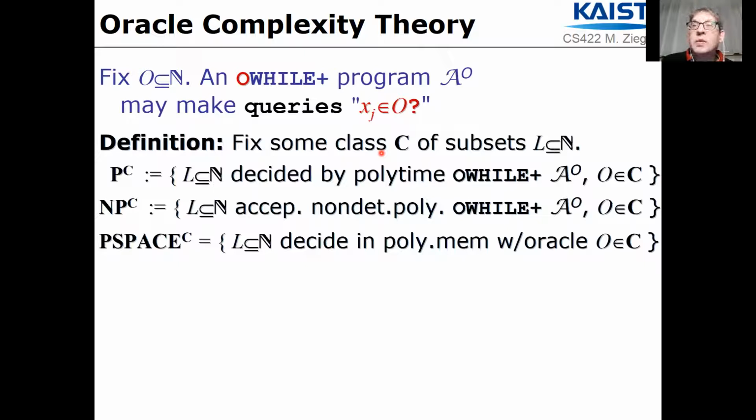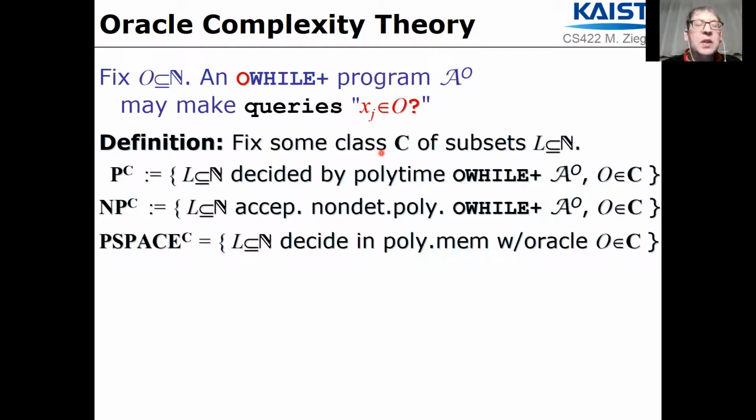That is, it relativizes: the oracle complexity class P with oracle class C is contained in NP with oracle class C, which is contained in PSPACE with the same oracle class C. So for every possible such class, one arrives at a similar hierarchy: relativized P is contained in relativized NP is contained in relativized PSPACE.